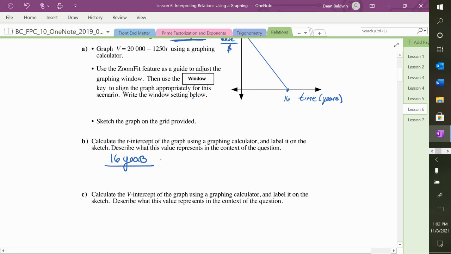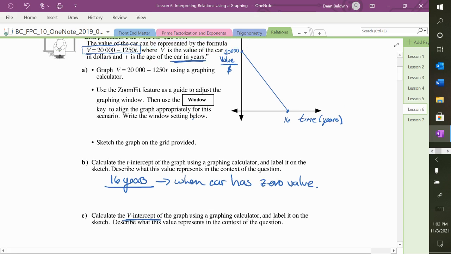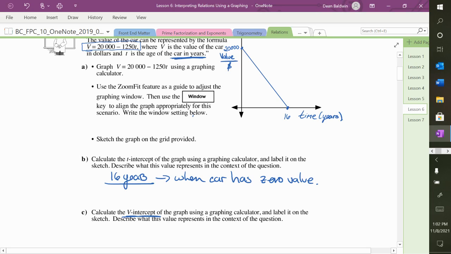When it has 0 value. What does the V-intercept, or the value intercept, represent? What does 20,000 represent? How much you sold it for. The cost of the car.